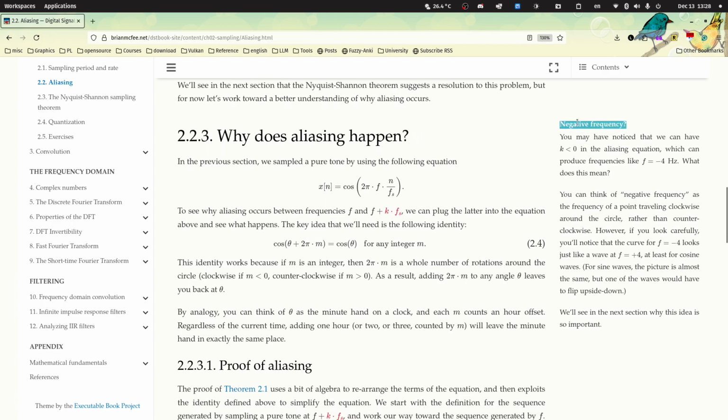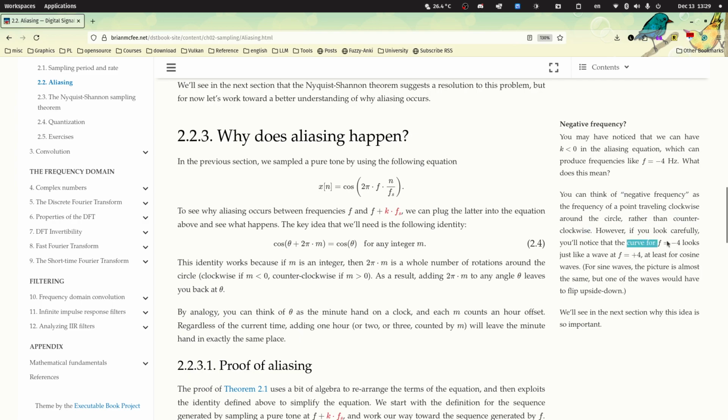Negative frequency. You may notice that we can have k less than 0 in the aliasing equation, which produces a frequency like f equals -4. What does that mean? You can think of negative frequency as a point traveling clockwise rather than counterclockwise.